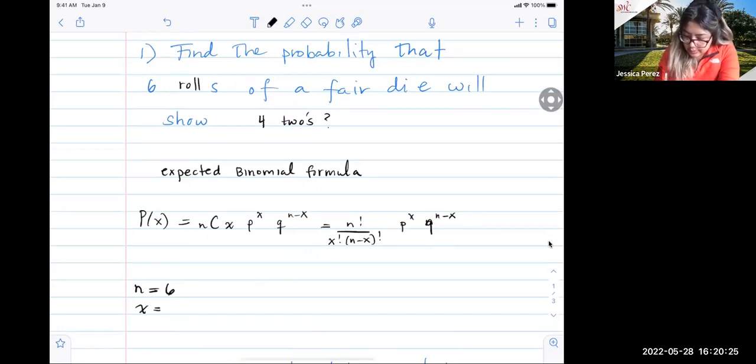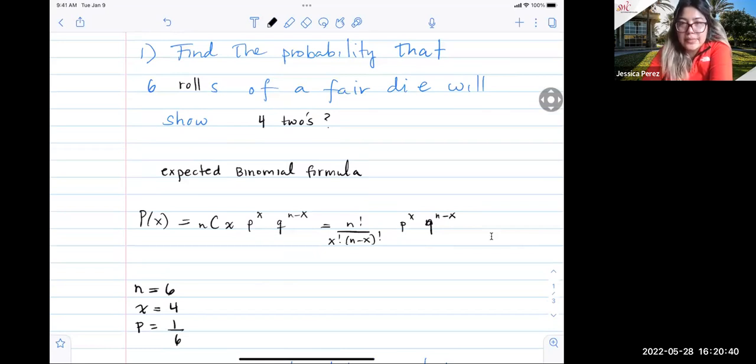So X is 4. The probability, what is our chance when we throw a die? 1/6. And we rolled it 6 times and we should end up with exactly 4 twos.